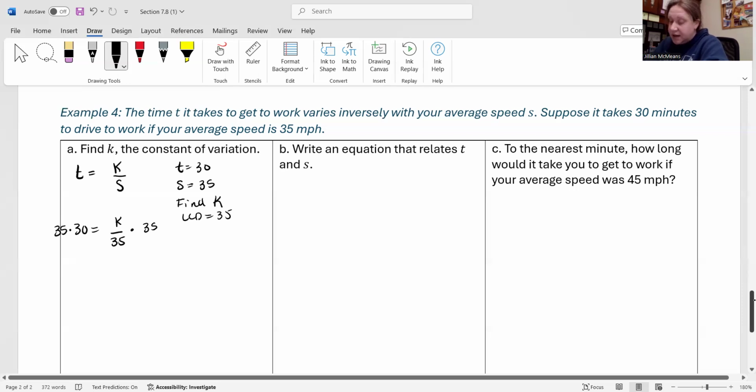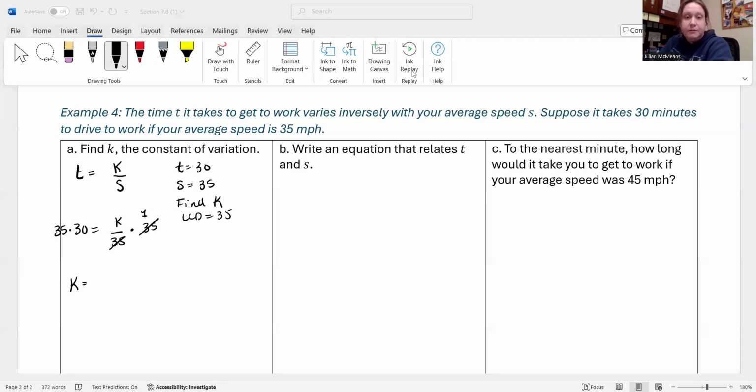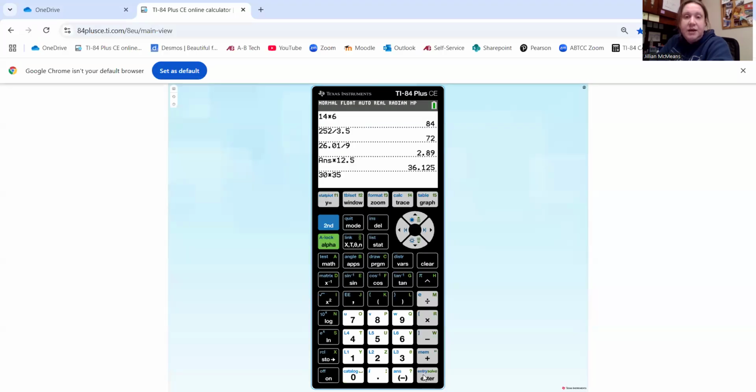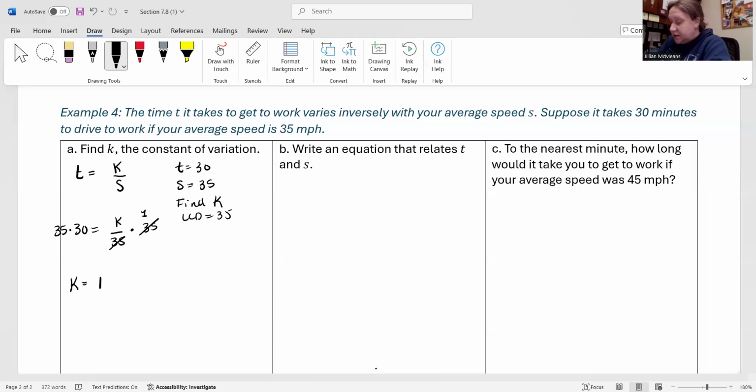Well, on the right-hand side, 35 in the denominator divides into 35 in the LCD once, leaving me with just a k. And then on the left-hand side, I have 30 times 35. And if you can't do that in your head, that's fine. Grab a calculator. So we have 30 times 35, which is 1,050. That is our constant of variation.